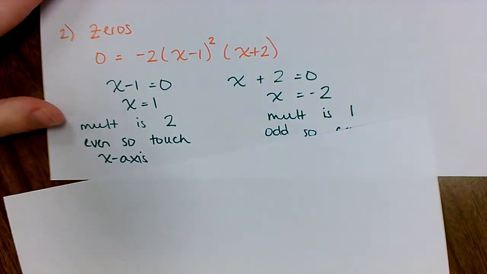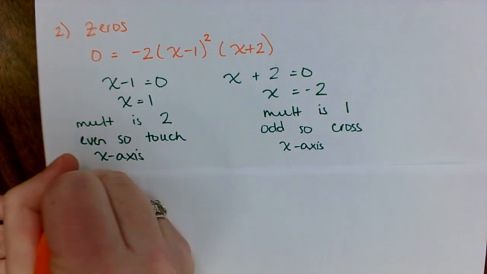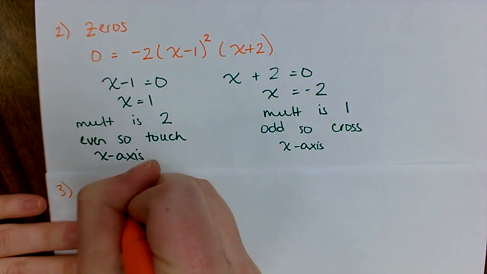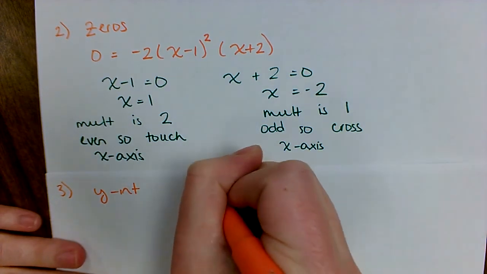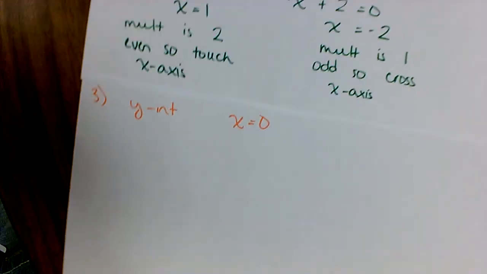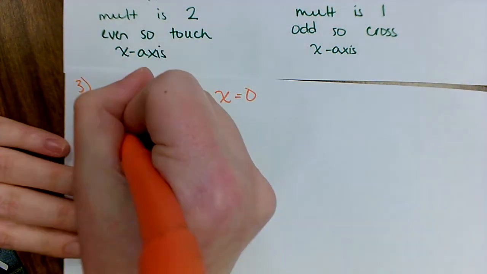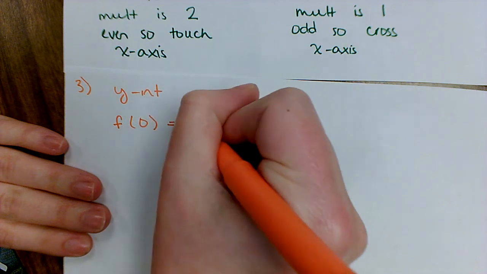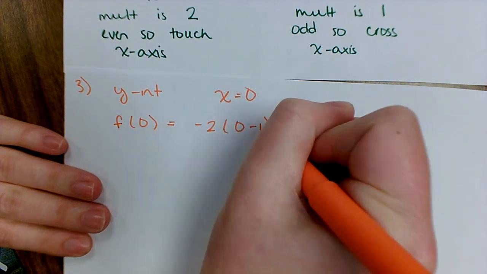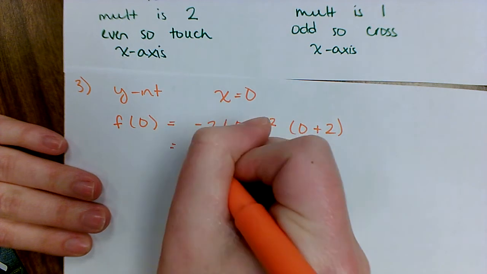Next, we find our y-intercept. We set x equal to 0 to find our y-intercept. We're going to just plug 0 into my function for all my x's. F of 0 equals negative 2 times 0 minus 1 squared times 0 plus 2.